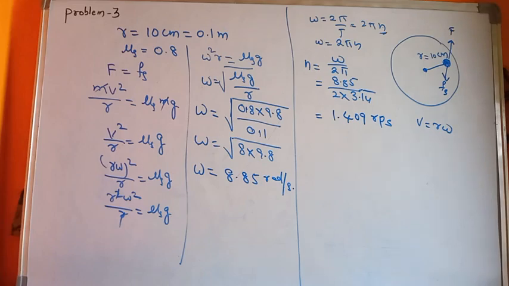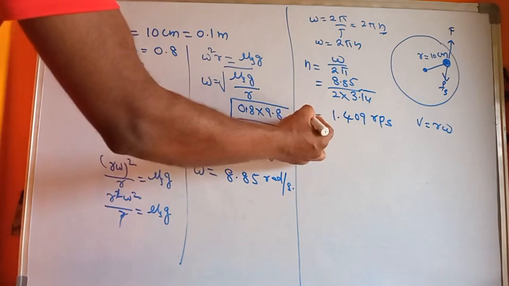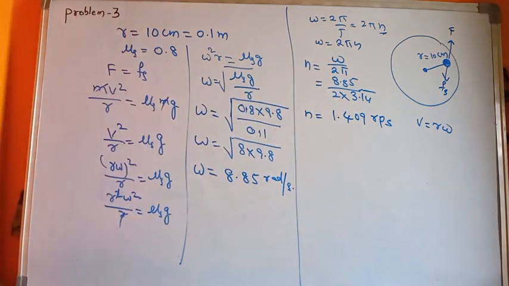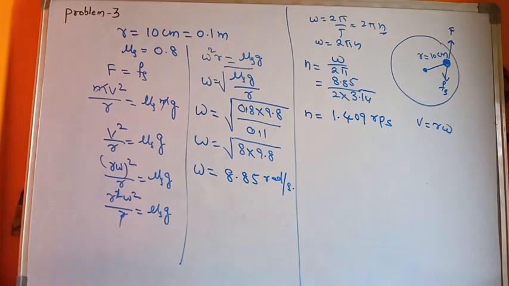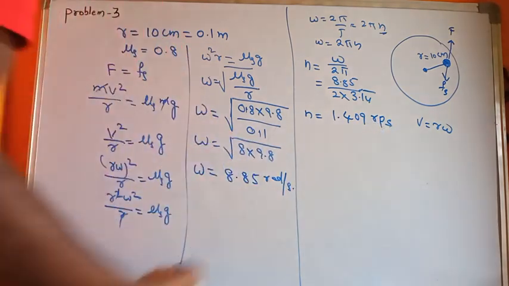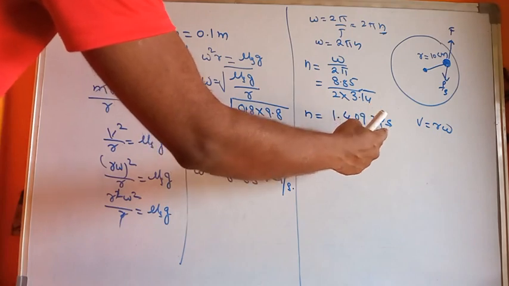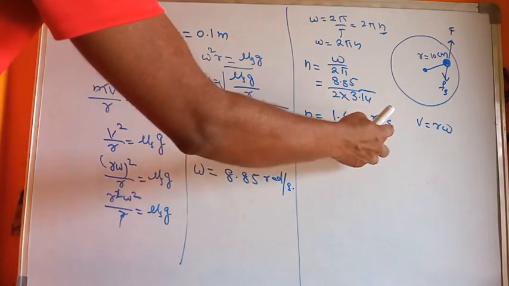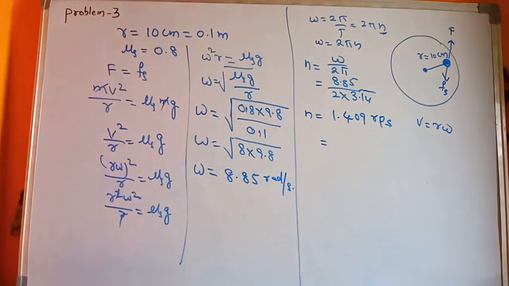Frequency means number of rotations per second, but in rotational motion we usually express it in rpm. Rpm means revolutions per minute, while this is revolutions per second. So if we want to convert this to rpm, we have to multiply and divide by 60 seconds.